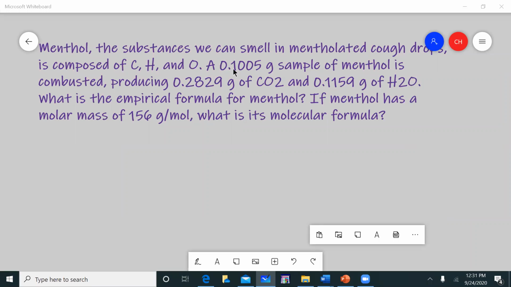A 0.1005 gram sample of menthol is combusted, and our two products are 0.2829 grams of CO2 and 0.1159 grams of H2O. What is the empirical formula? And then it gives us a little bit more information about the molar mass, and it says, what's the molecular formula?